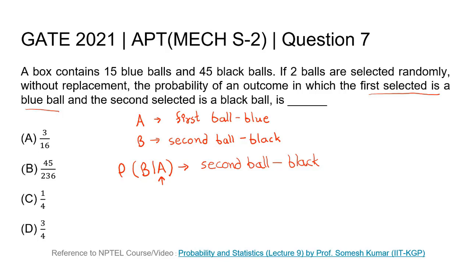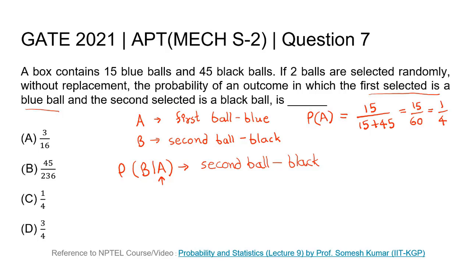So for event A, probability of event A is probability of first ball is a blue ball is number of blue balls divided by total balls is equal to 15 divided by 60 is equal to 1 by 4.